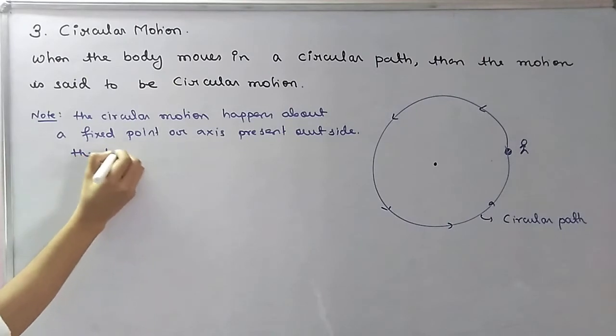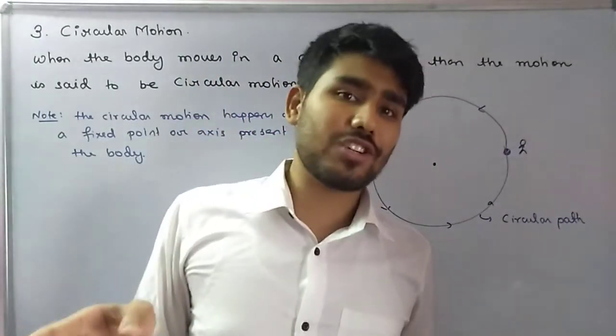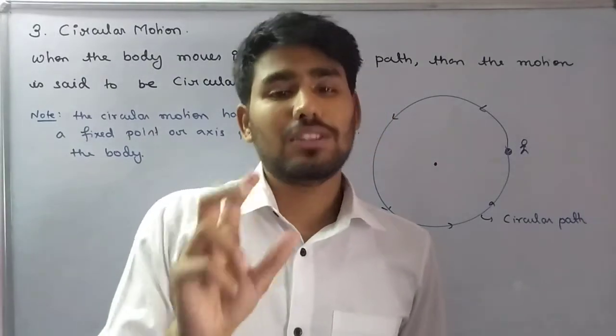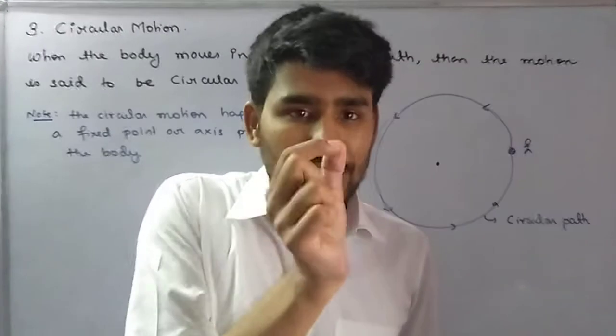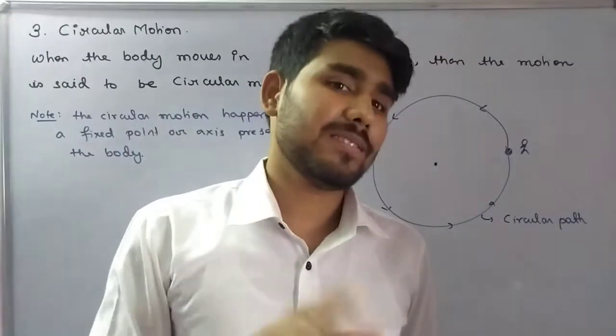Kuch yaad aaya? Outside the body. Whereas in rotatory motion, the body rotates about a fixed point or axis which is present inside the body.